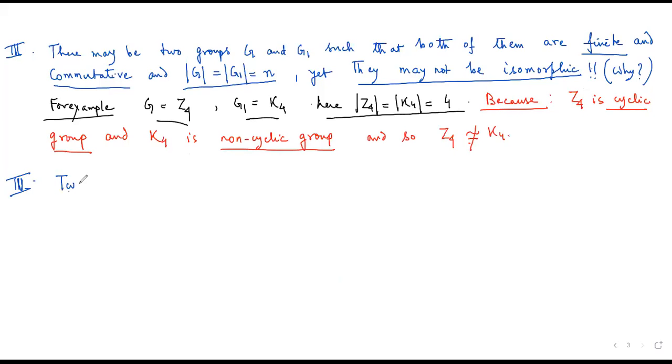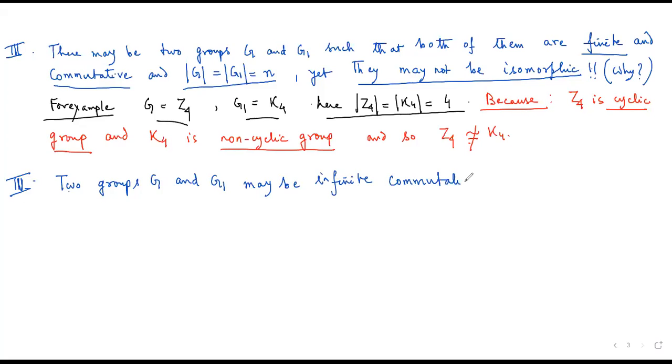The next example that I'm going to consider is, suppose we have two groups, capital G and capital G1. And suppose these groups are infinite commutative groups.